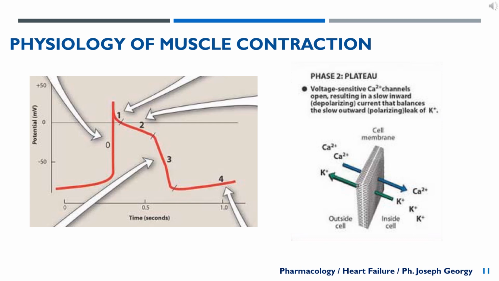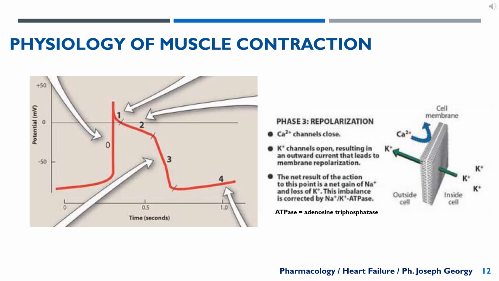We started with the entrance of sodium, and then this stopped, and we will have the exit of potassium, and now we have the entrance of calcium instead. All of these things are just to do the repolarization and depolarization.